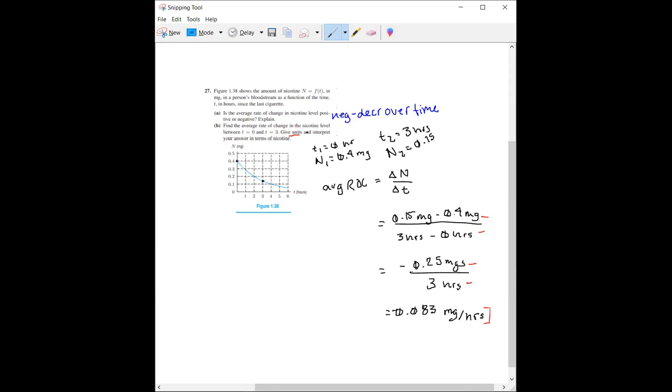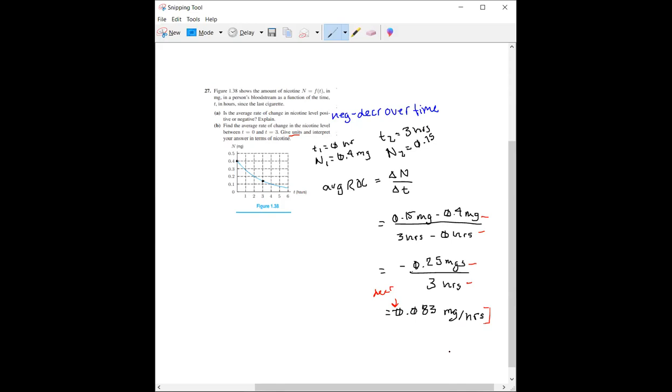The amount of nicotine decreases 8.3% an hour as time goes on. Essentially, yeah. The important fact is that it's decreasing. That's what the negative is for. We know that it's changing based on how many milligrams we're losing per hour.